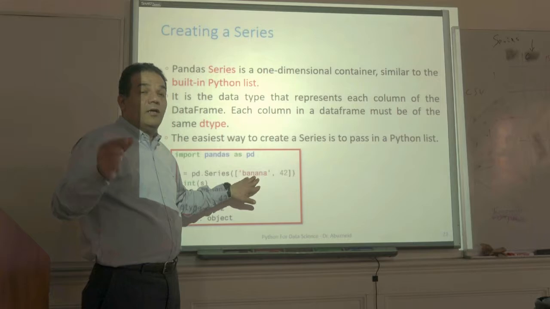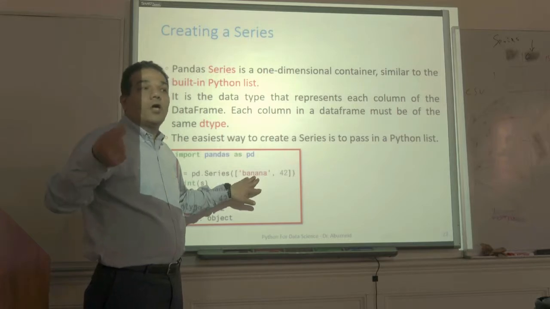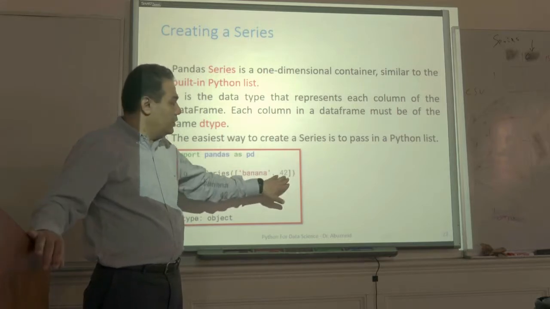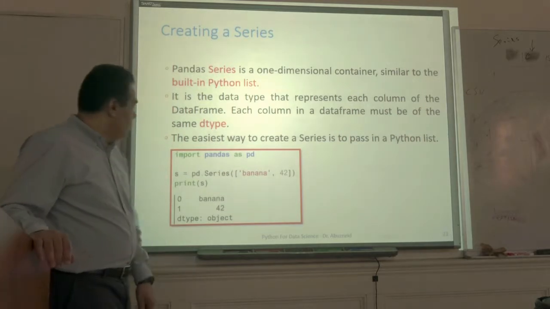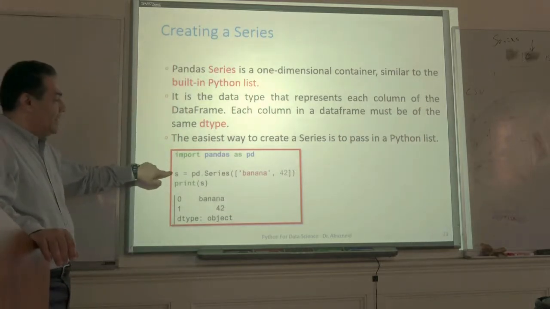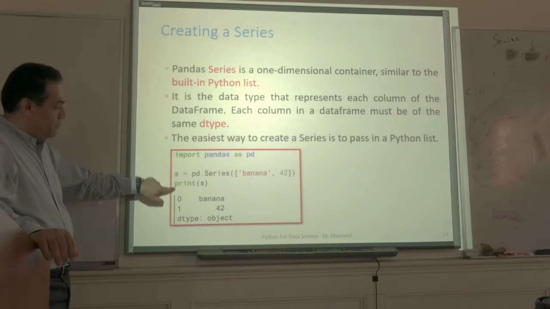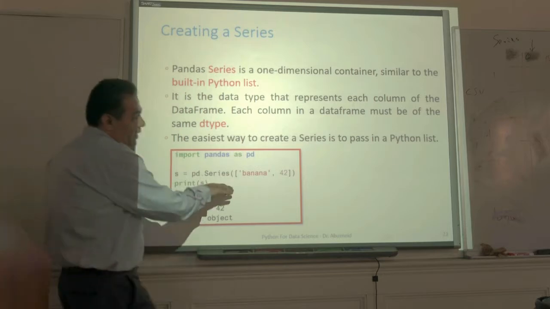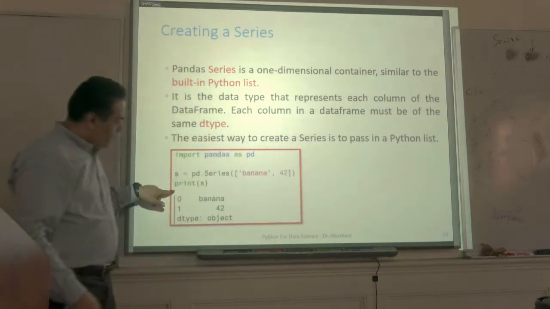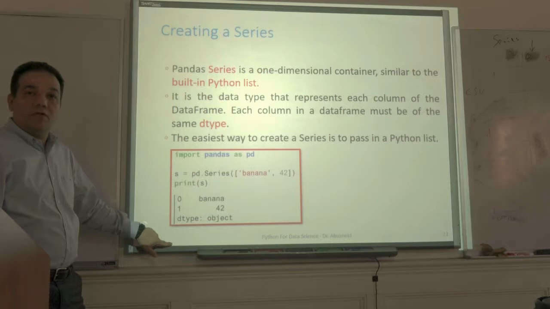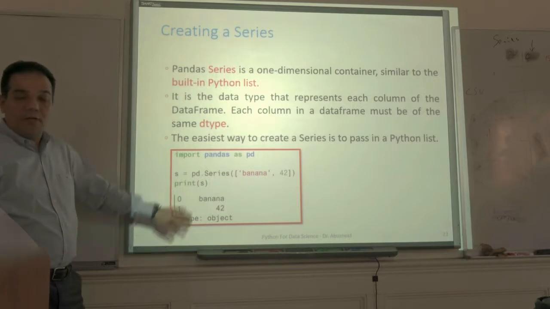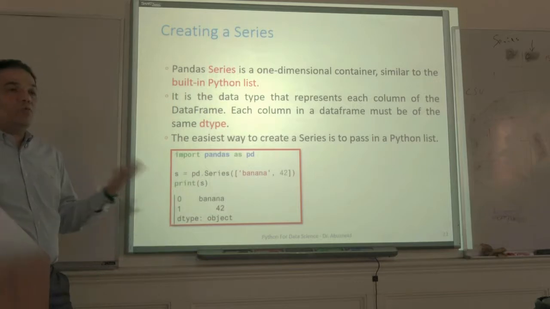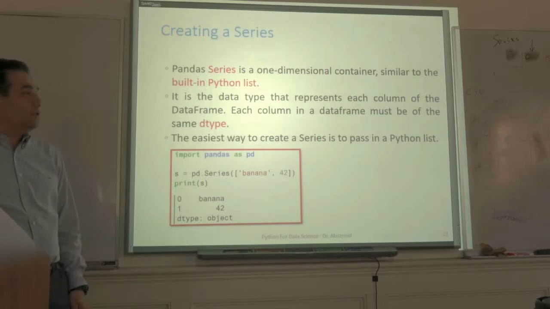So the string inside pandas we call object, and this we call integer. So I have created a series. If I print s, it will print the series for me. It will always give it index 0 and 1. If I have 5 elements, I will have 0, 1, 2, 3, 4. So that's a series, and the easiest way to create one is from a list.